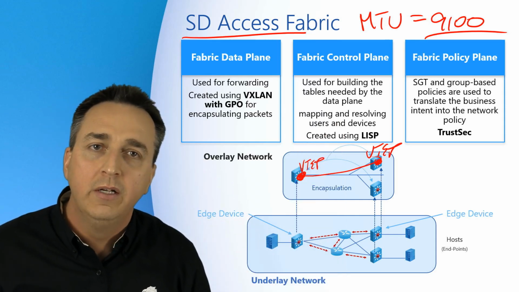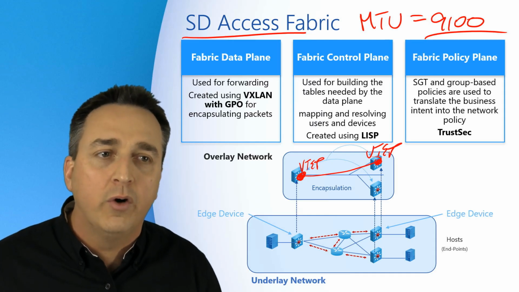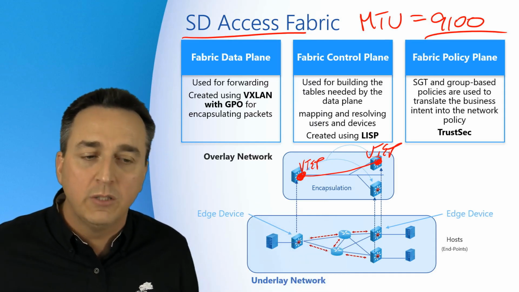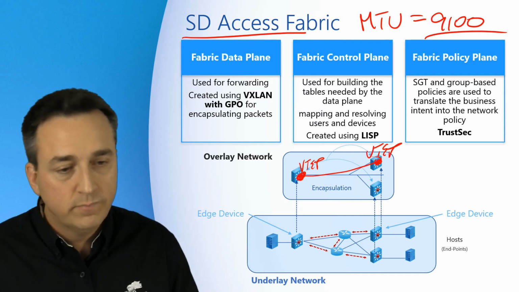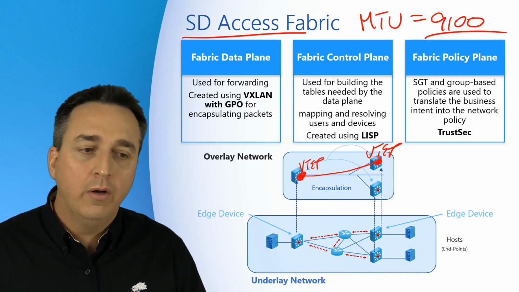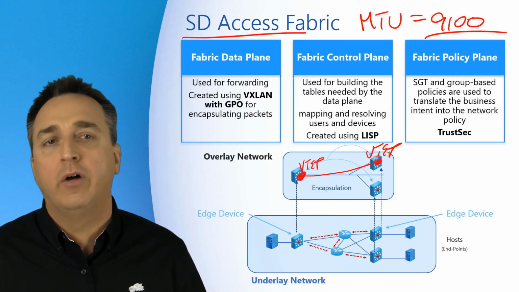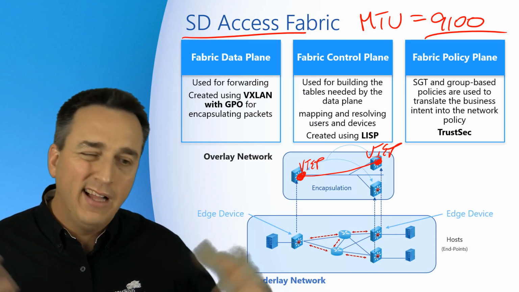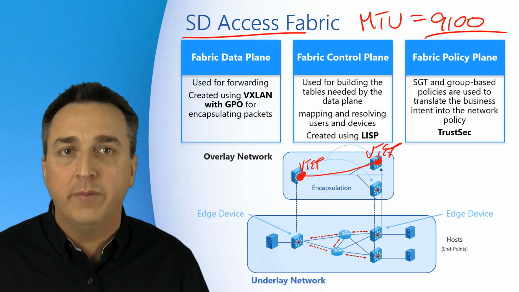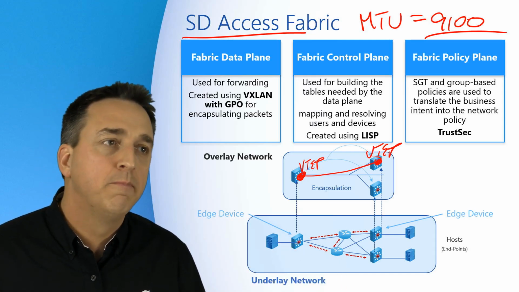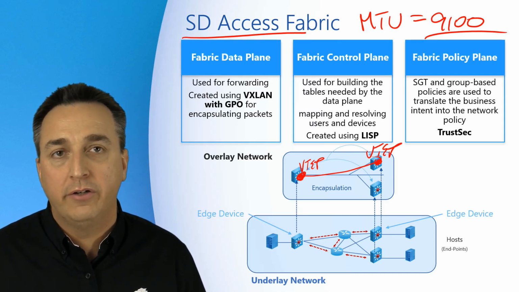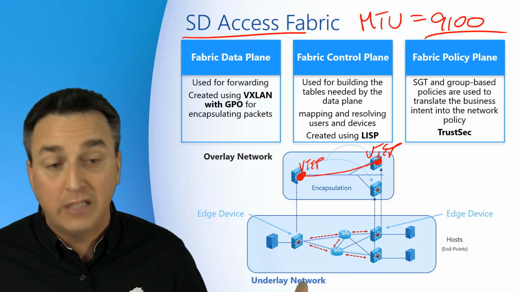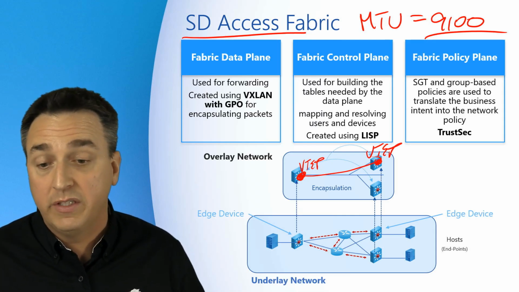Until the entire internet goes to 9100 and everyone supports 9100, we can't do it. So for traffic internally, 9100, no problem. But you still have to deal with the fact that any traffic that's leaving your Fabric, going somewhere else that doesn't support it, you're going to have to handle differently and make sure that you're not transmitting anything greater than the maximum transmission size if somebody went to the internet, like 1500.